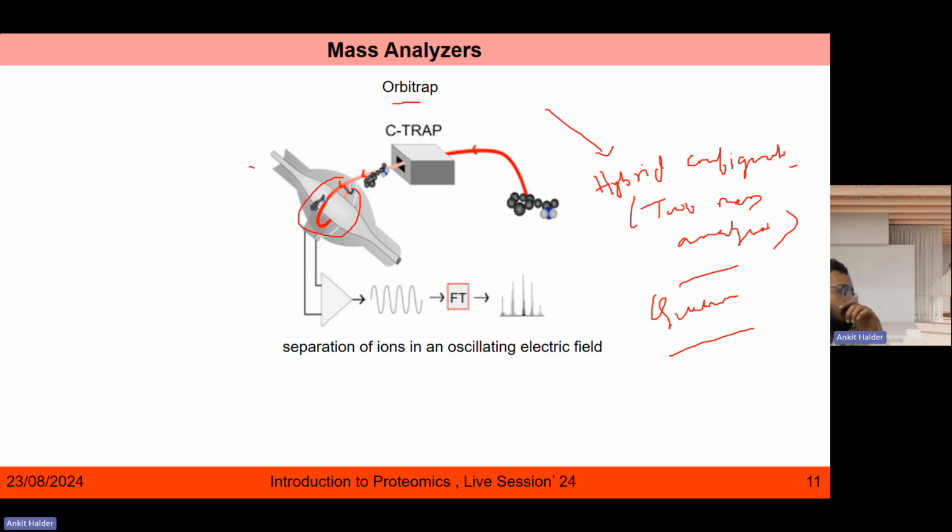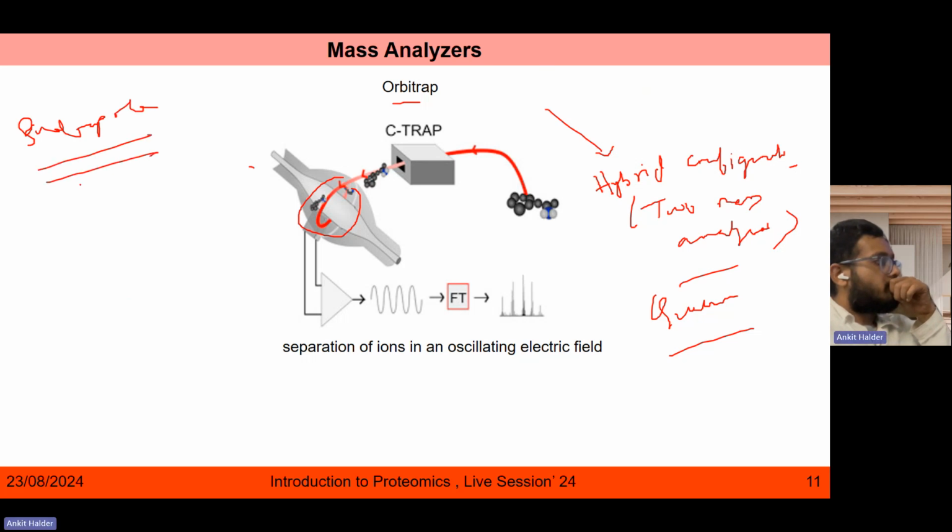For example, if you have a quadrupole, you have four rods, that is the filter. This will separate the ions, that is, allow some ions to pass.